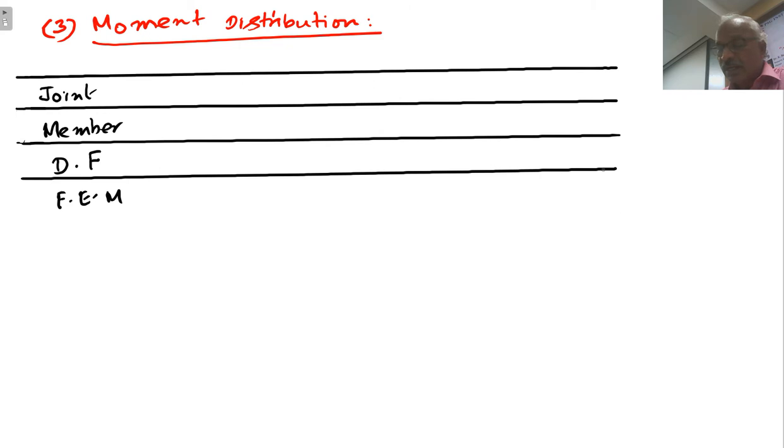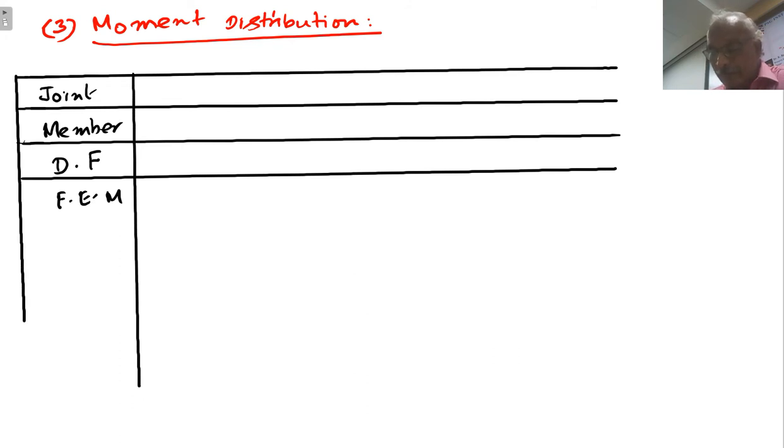Right. Now, remember there are three joints: A, B, C. One joint is A, the second joint is B, the third joint is C. In joint A, you have member AB only.